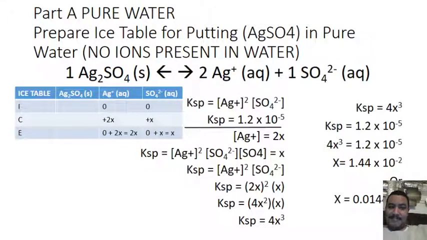Right here. Because water has an initial concentration of 0, and the change is 2x and x, and the equilibrium concentration is 2x and x. And so x, because we see here, that's the amount of Ag2SO4 that has dissolved in solution.